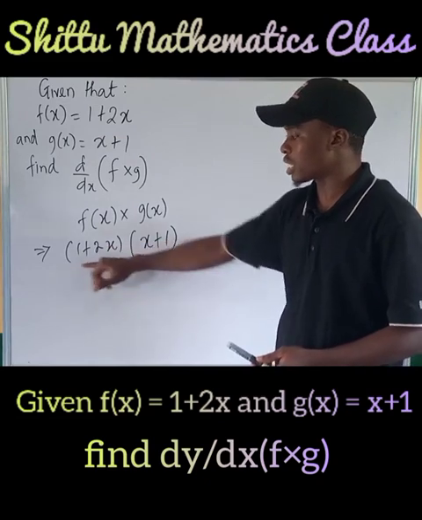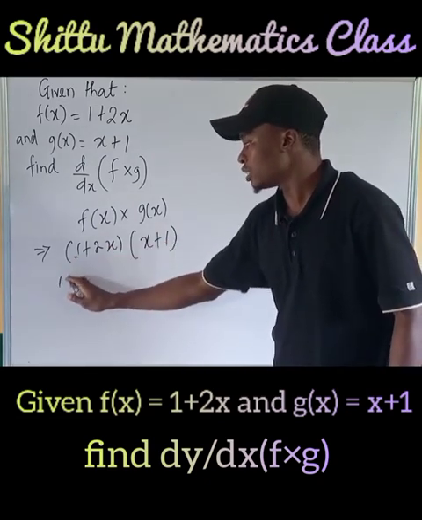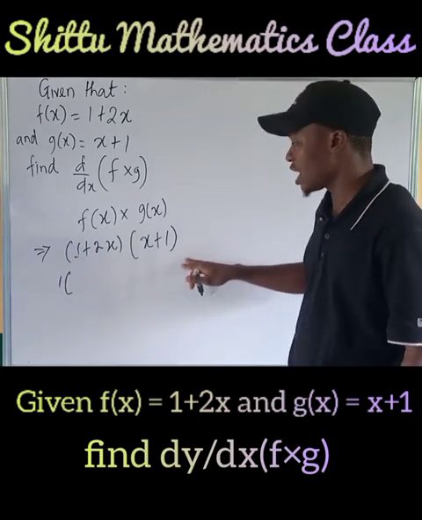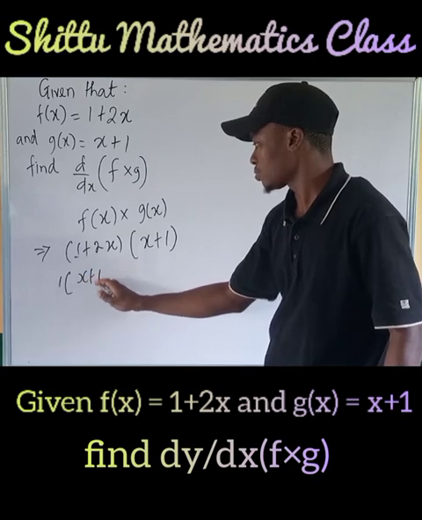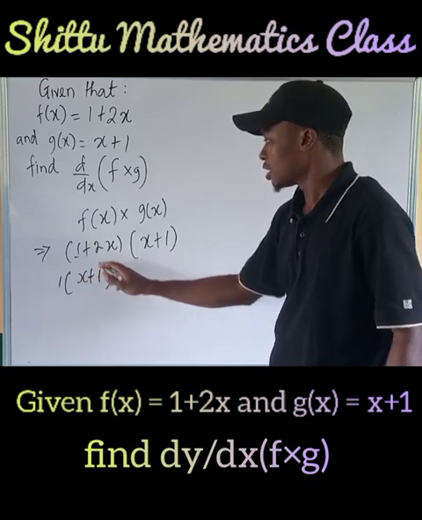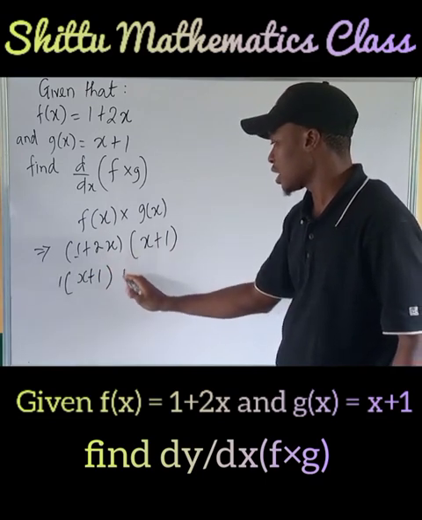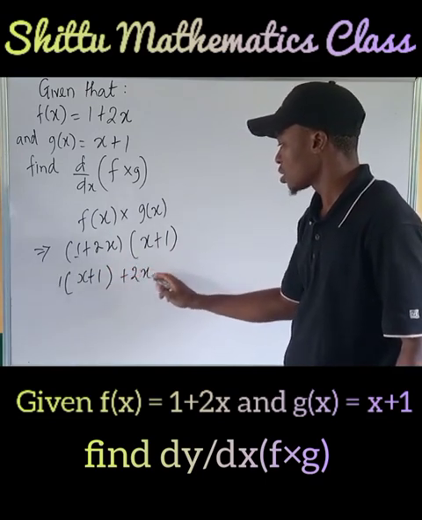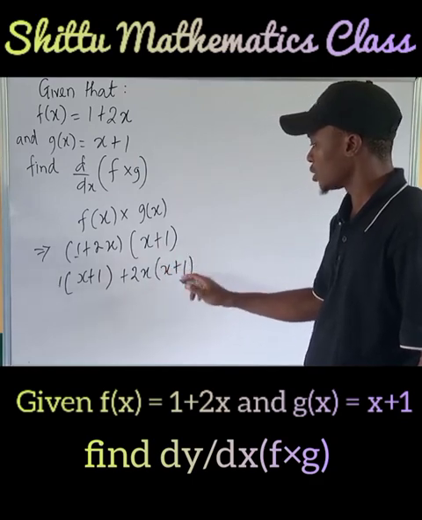We multiply this bracket by this. Let's say we want to take 1 here. I can take 1 and use it to multiply the entire x plus 1. Then I take the second part of this, which is 2x. I can write it out like this: 2x into bracket x plus 1.